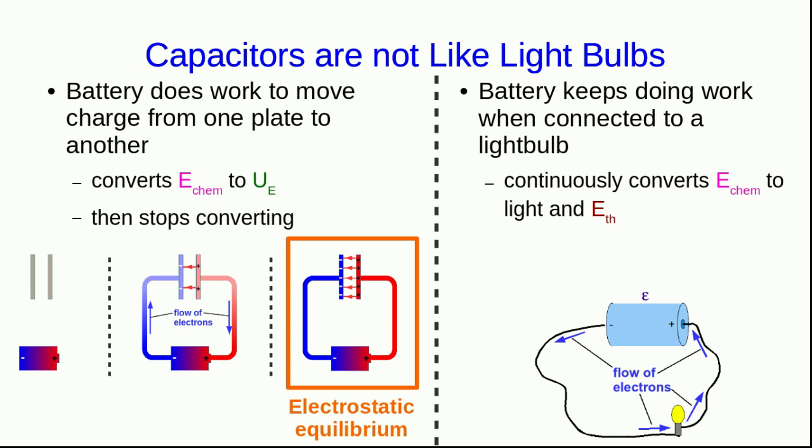And so it's converting chemical energy here into light, which isn't energy but does carry energy, and in most light bulbs into thermal energy as well. But unlike with the capacitor, that process will eventually run down because the battery is consuming its chemical energy, since it's continuously converting it into other forms.